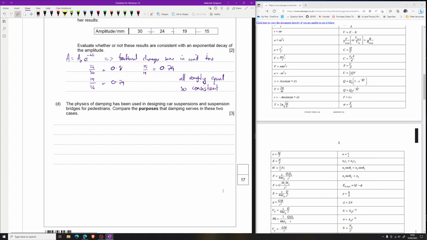Okay, final part. The physics of damping has been used in car suspension and suspension bridges. Compare the purposes that damping serves in these two cases. So car suspension, what does the damping in car suspension do? It sort of prevents the car from continuing to oscillate after you go over a bump, so it takes energy out of the system, I suppose.